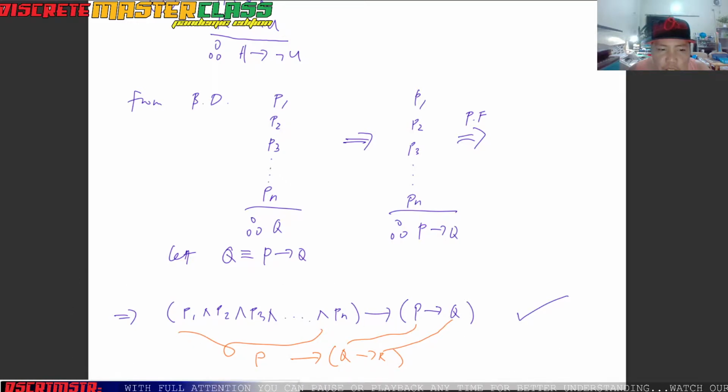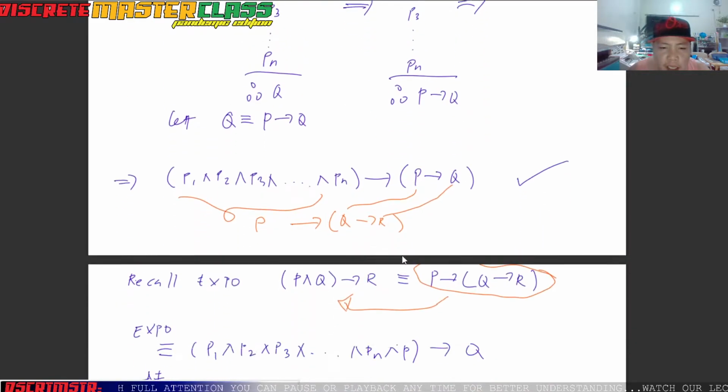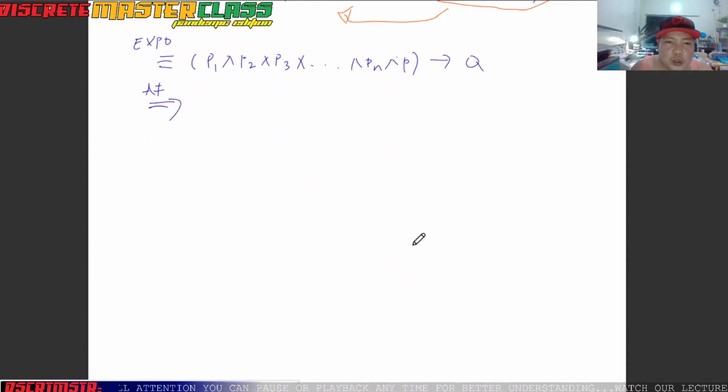Ngayon, from propositional, gagawin kong argument. Ito mangyayari. So, isusulat ko yan, P1, the next premise is P2, the next premise is P3, the next premise is up to Pn, then this is now part of your premise P, then therefore Q.